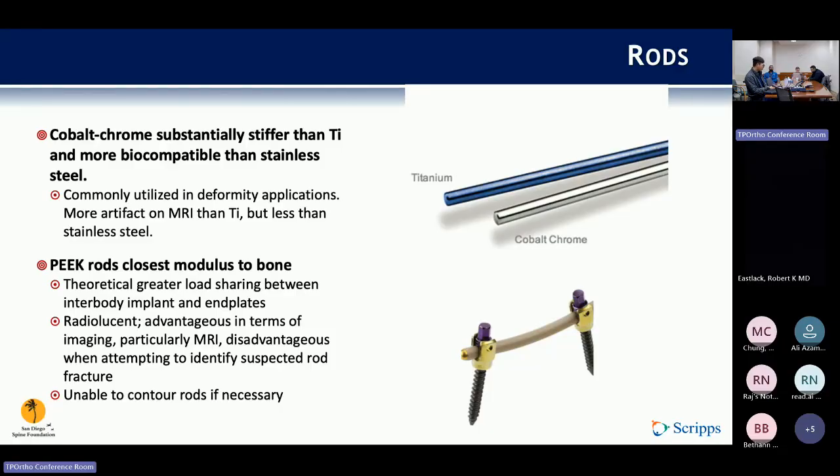Cobalt chrome is great for maintaining alignment and the correction of alignment, but is a little more difficult to work with as it's more stiff. And then PEEK has a modulus that's closest to bone, but it's not flexible and doesn't perform well with benders.